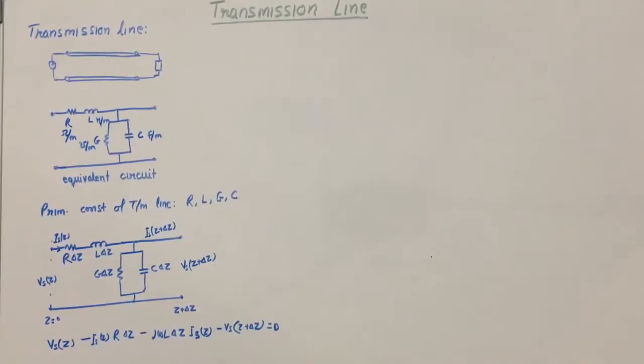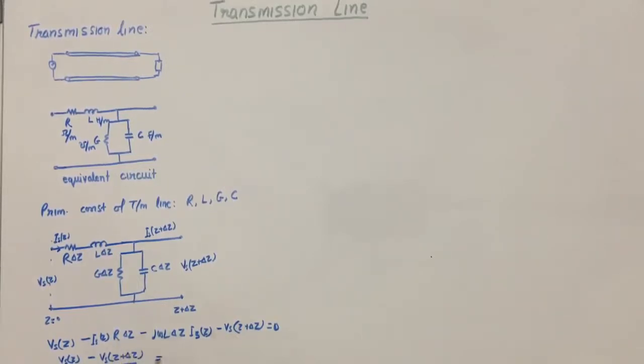Now let us simplify by having the voltage terms on one side and current terms on another side. So for that we can write Vs(z) minus Vs(z plus delta z) is equal to, see, delta z is common in these two.